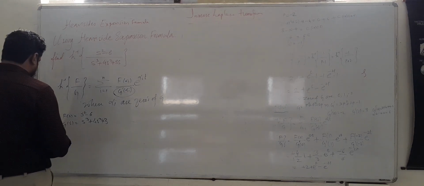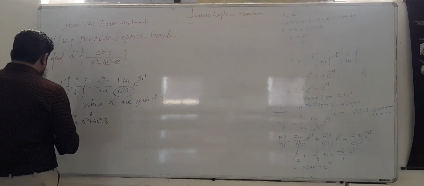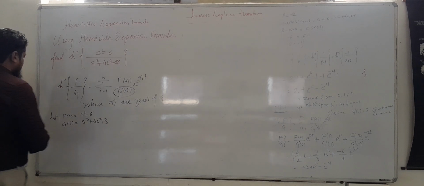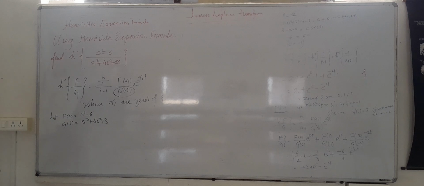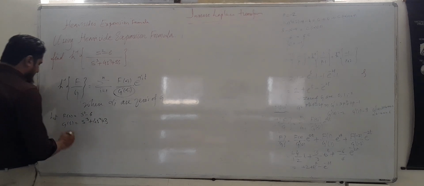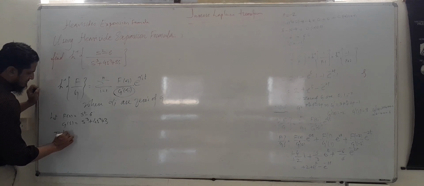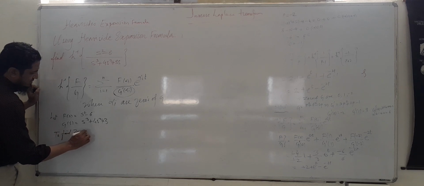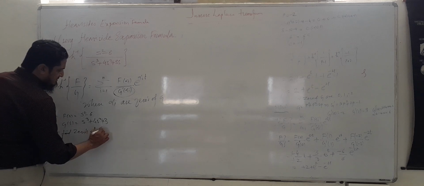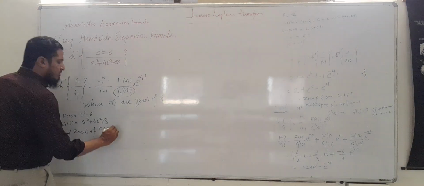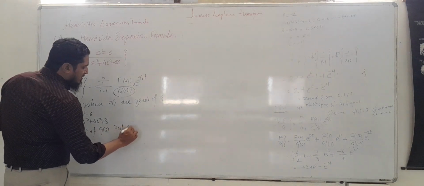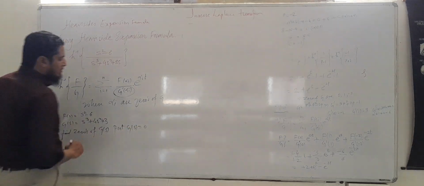Now, to find the zeros of g of s, put g of s equal to 0.